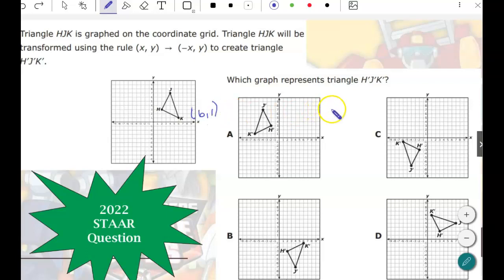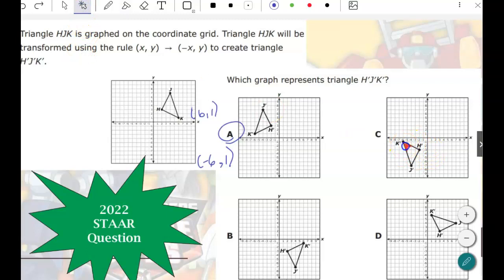So for the new one, it would have to be the opposite of 6, which is -6, and then the y stays the same. So if you look at the choices on A, here's our K, the new K, that's -6, 1. So that works. So the answer is going to be A. And just to verify, you look at this one.